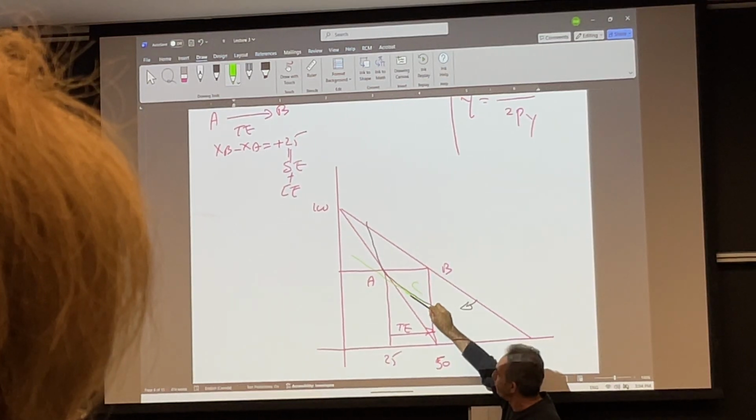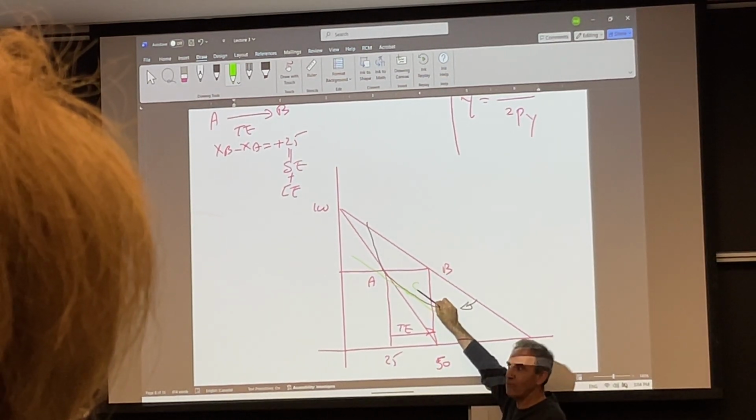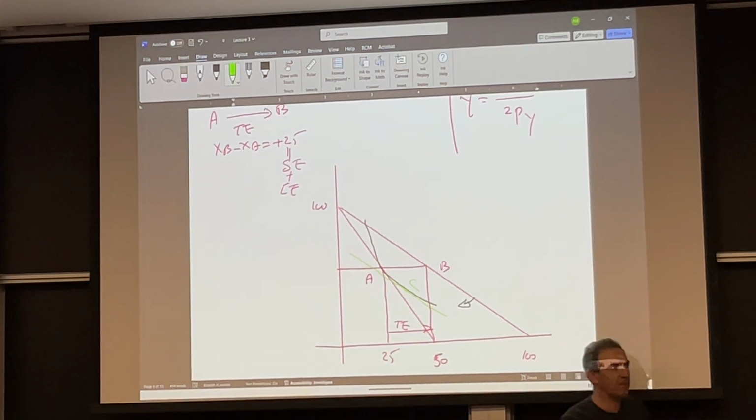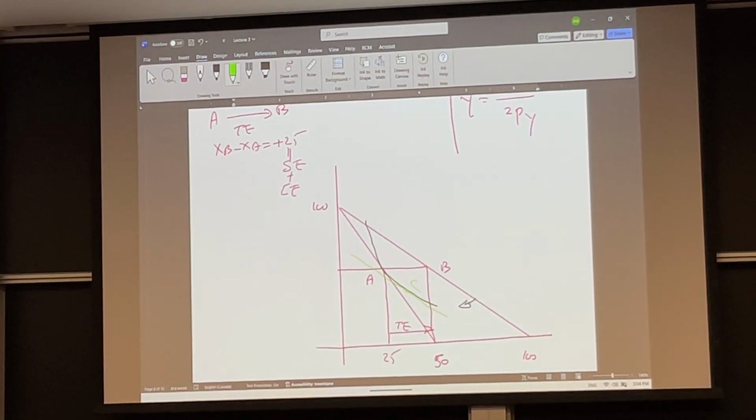If I go anywhere to the right, I left too much money with him. He's happier than before. I should take enough money to make him as happy as before. That's the tangency. Right? So at point C, no income effect is left. Now I can say this is the substitution effect. That is XC minus XA.